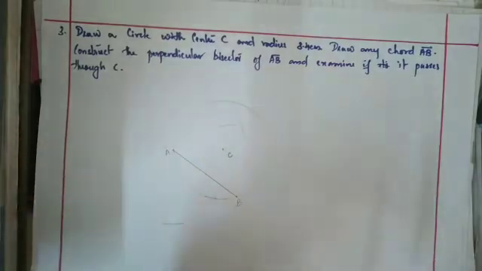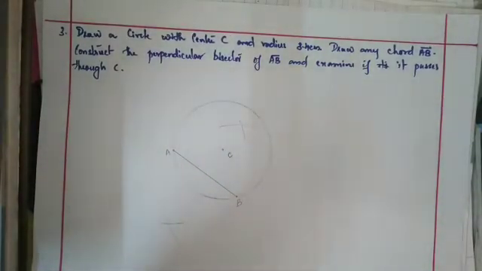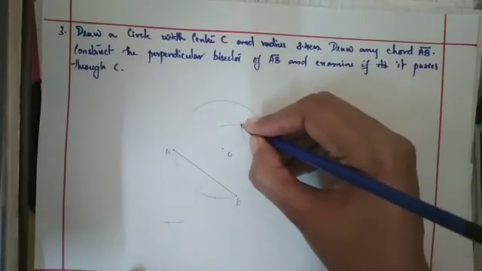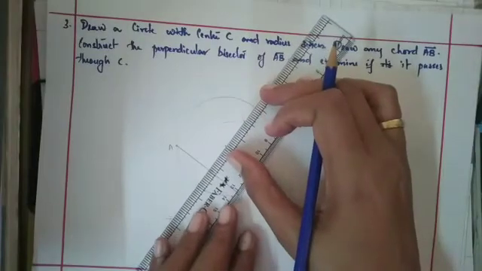Then join those two points of intersection using a ruler.